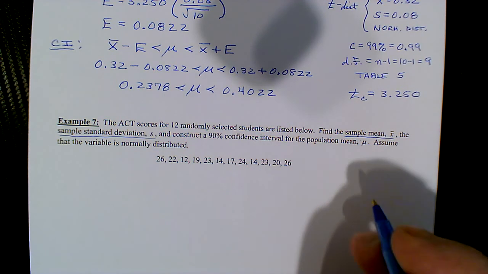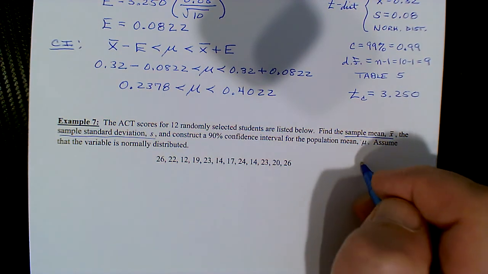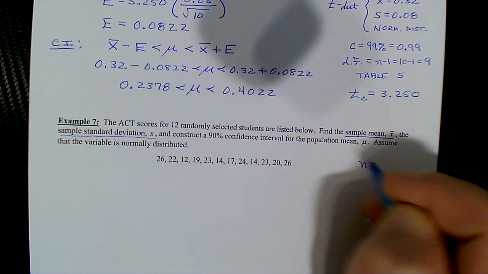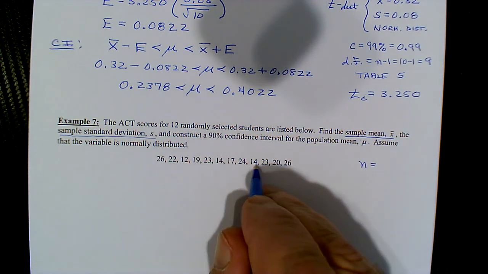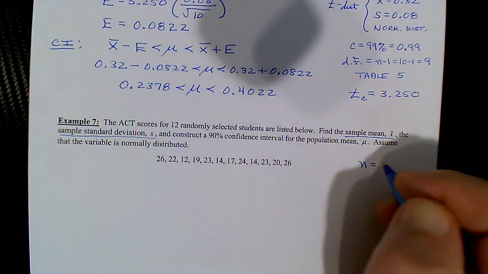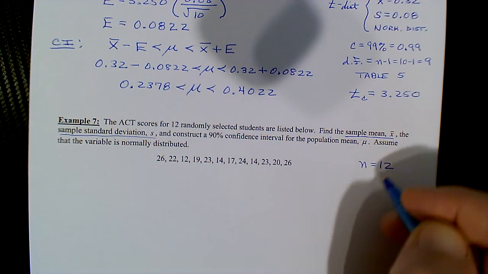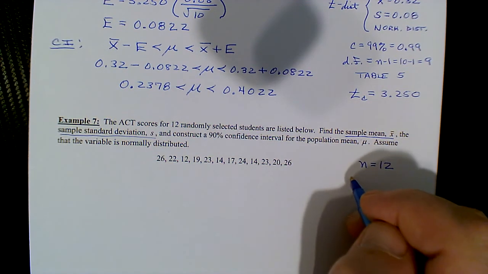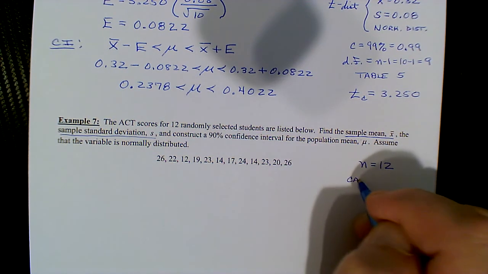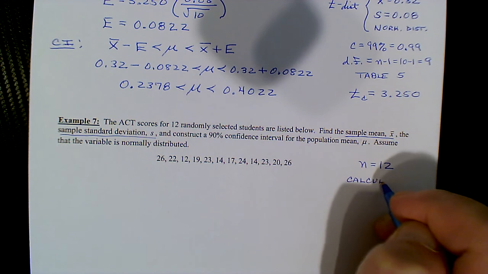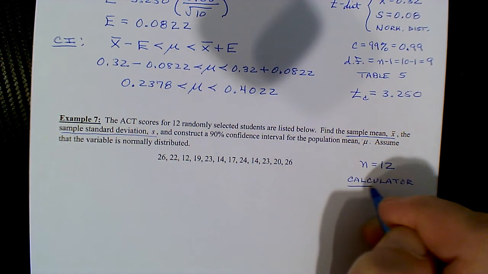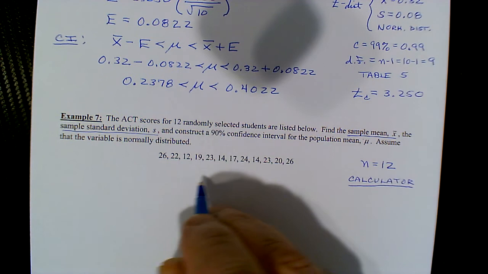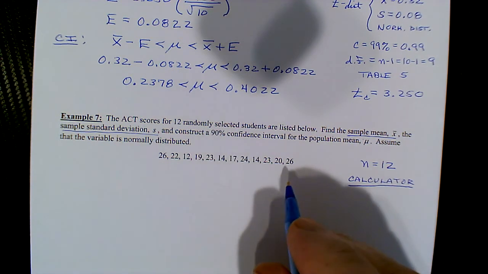So now use the statistical features on your calculator. You don't want to go through the formula by hand. That's just too tedious. So you want to use the statistical features on the calculator to calculate the mean and the standard deviation. I've got a simple TI-30.